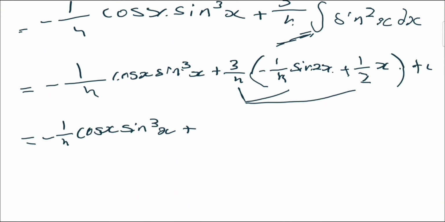Now we distribute. 3 times negative 1 is going to be negative 3. Negative 3 over, and then 4 times 4, 16, and then sine 2x, okay?